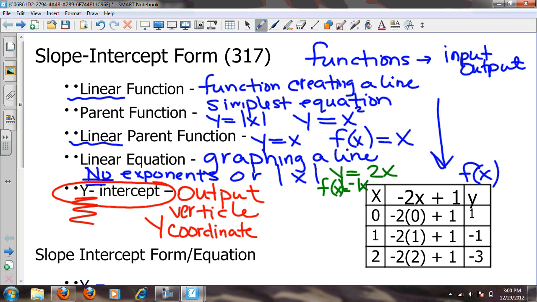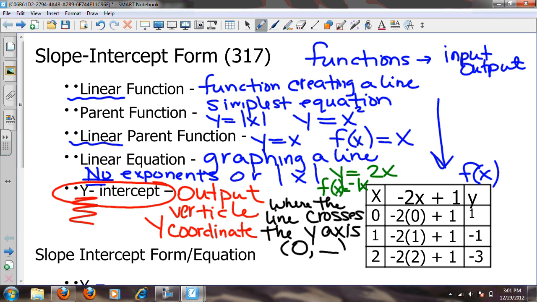So the y-intercept is going to be where the line crosses the y-axis. In other words, the ordered pair is going to be 0, something.